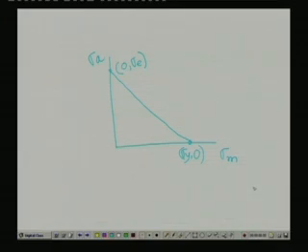So, if we consider the equation of this line, we can very easily get an expression like this.